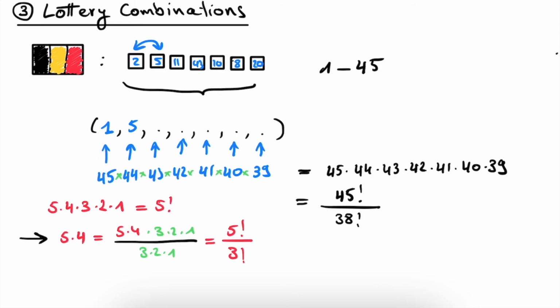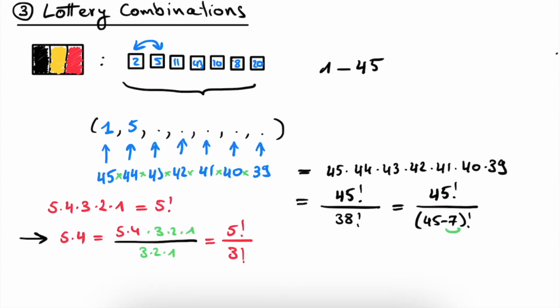And this again becomes this multiplication right here. And we can rewrite this in an even nicer way because we can rewrite this as 45 factorial divided by 45 minus 7 factorial. And why would we write it like this? Well, because in this case we only have two numbers. We have this 45, which is the number of choices or the number of numbers that we have here.